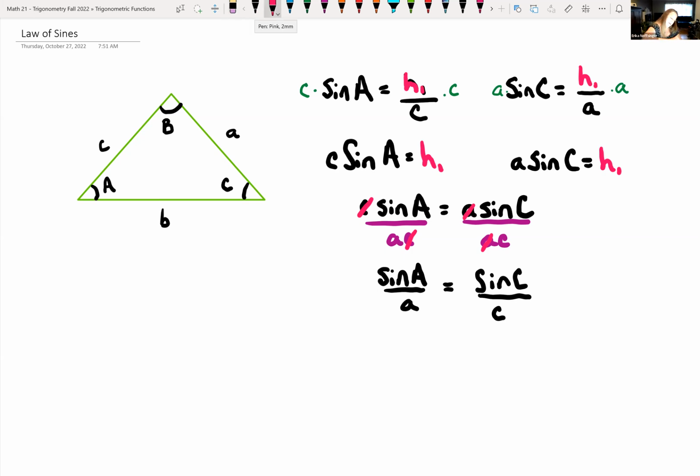How about like this? So here we're creating right triangles again, and we can do the same thing that we were just doing. So from angle A, let's call this height h2.